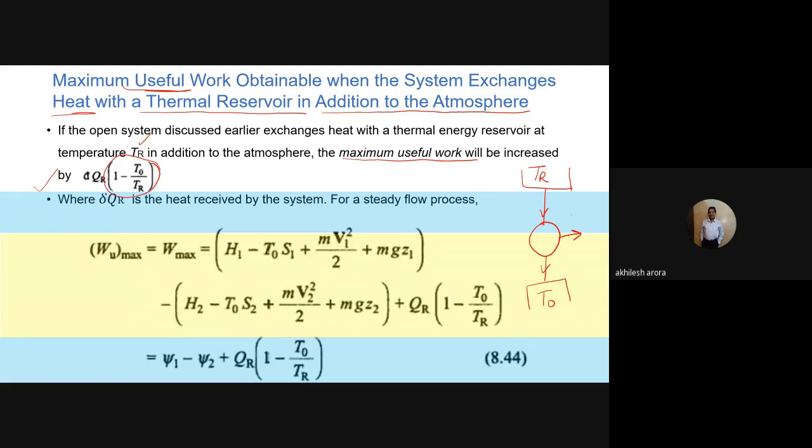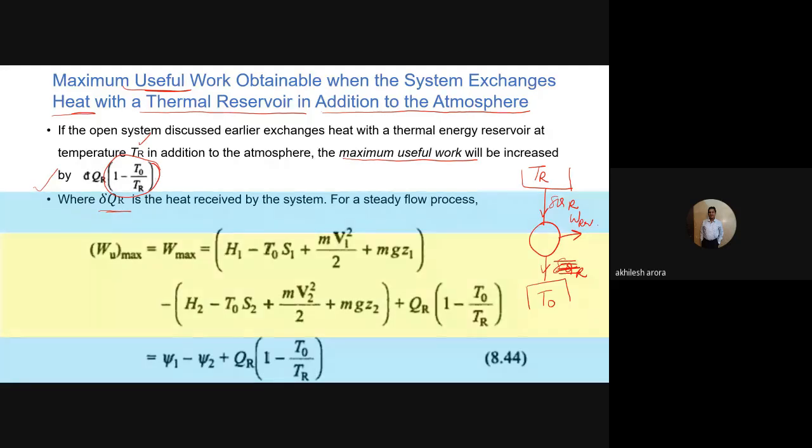So we will be getting this W, which is the reversible work. Delta Qr is the heat received by the system. This is delta Qr, the heat received by the system.